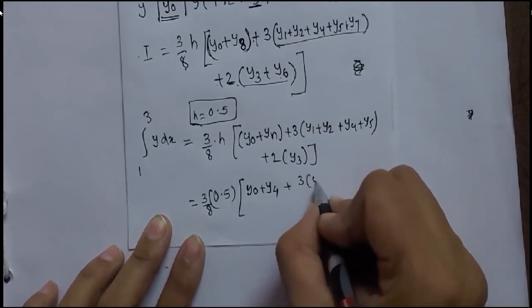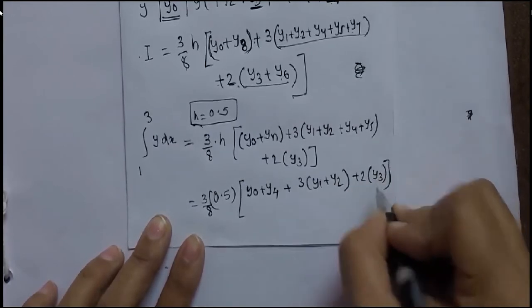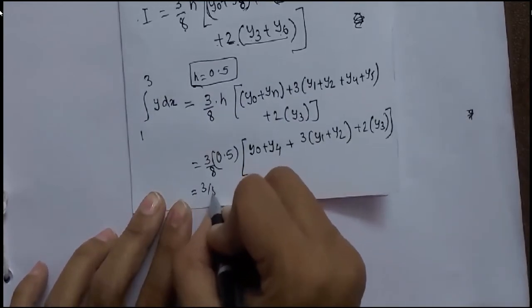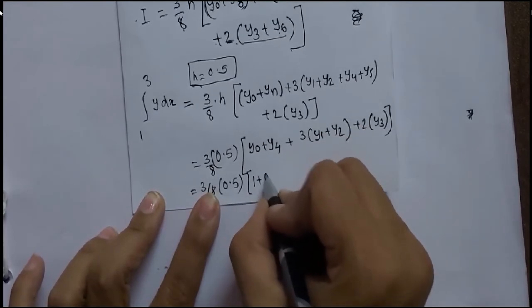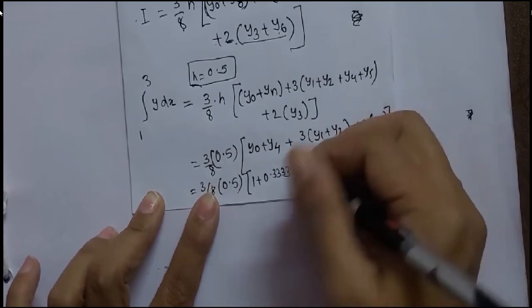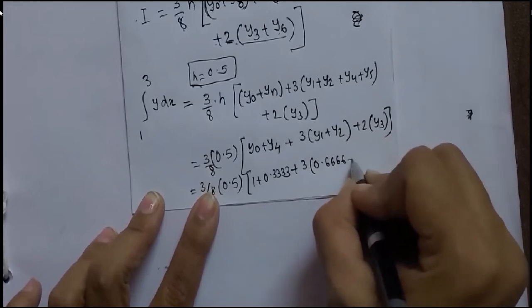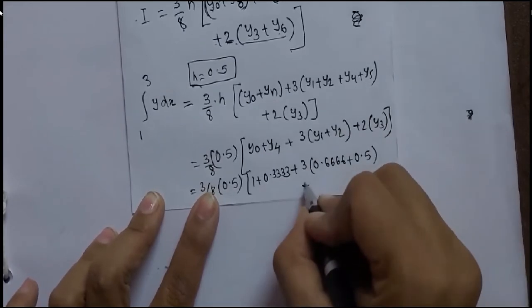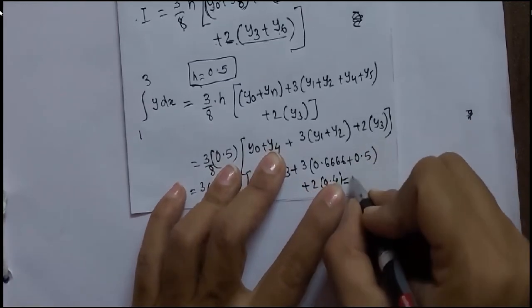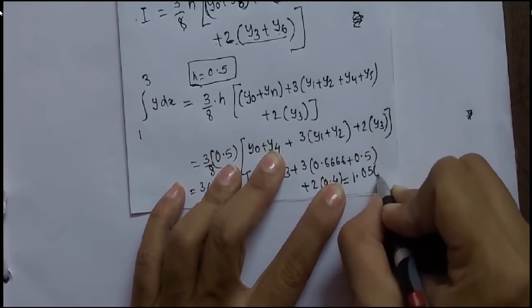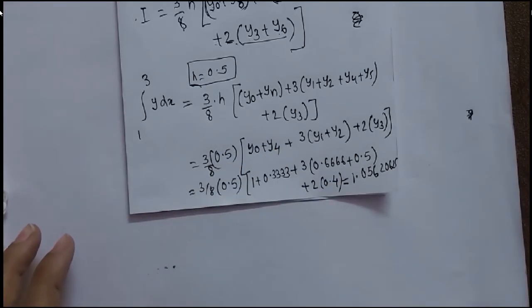Now we substitute the values: 3 by 8 into 0.5, times (1 plus 0.3333 plus 3 times (0.6666 plus 0.5) plus 2 times 0.4), and the value after solving is 1.056206225.